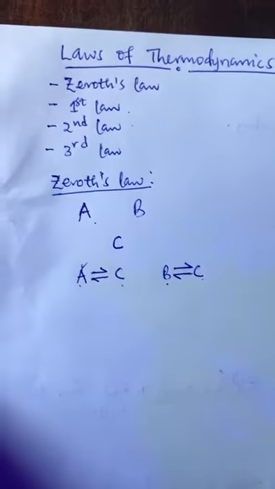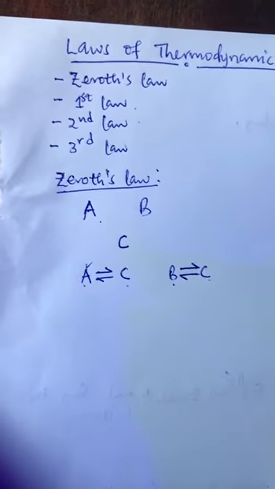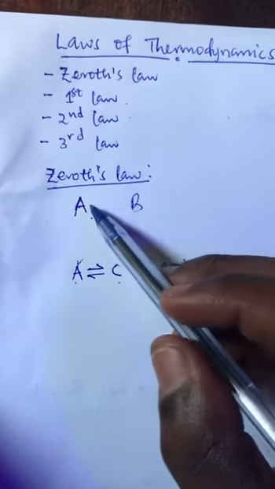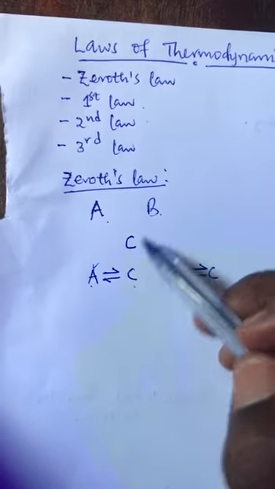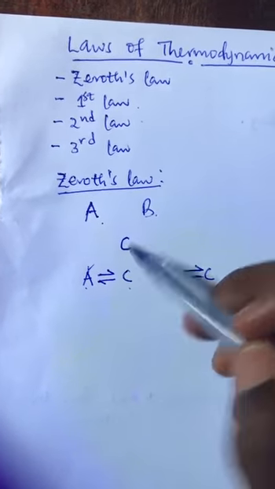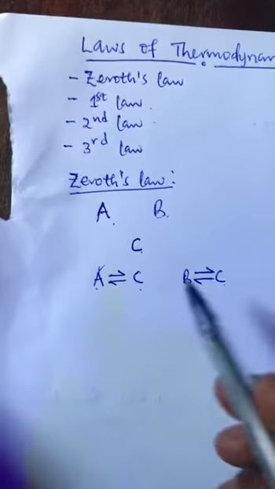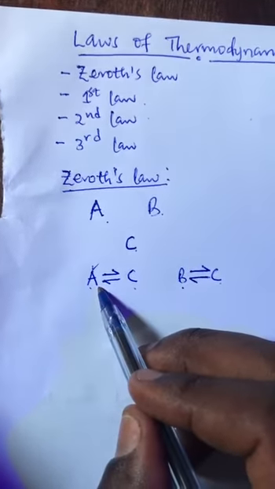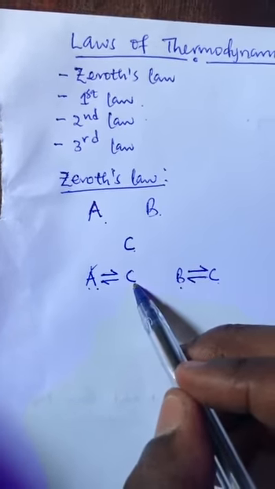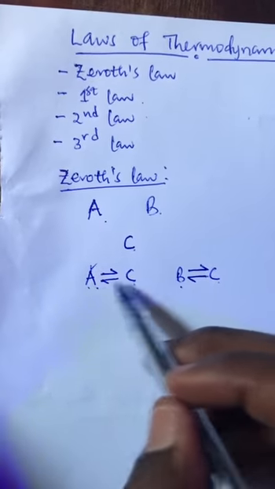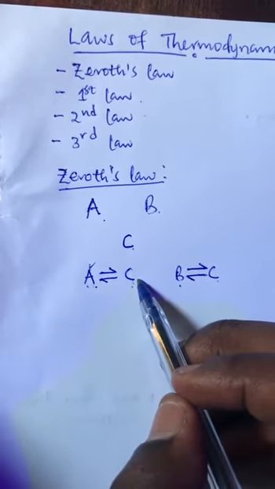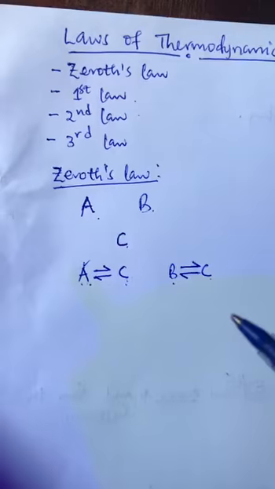Now under the zeroth law, we are going to consider three bodies, that is body A, B, and C. If we independently bring A in contact with C, equilibrium is going to be reached when A and C are in what? Thermal equilibrium.